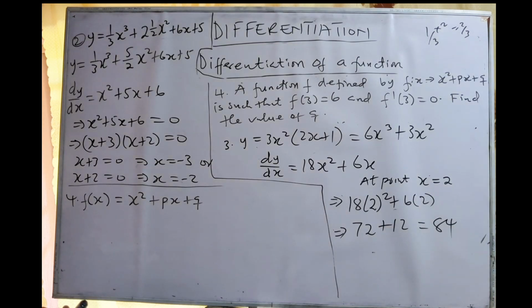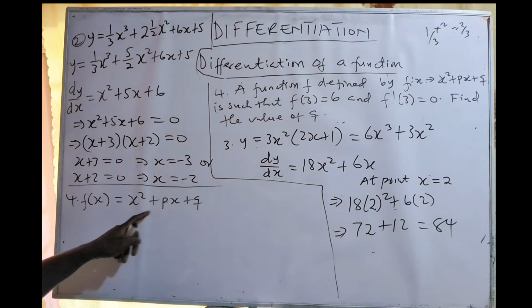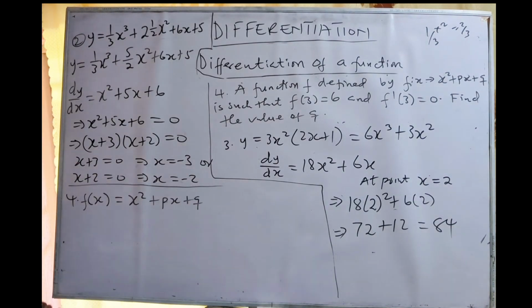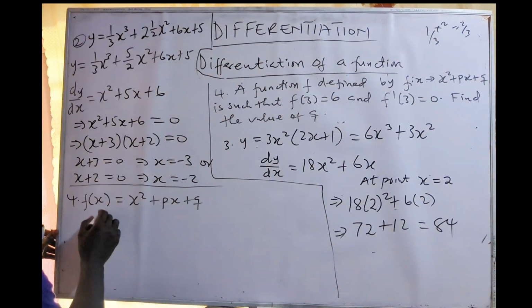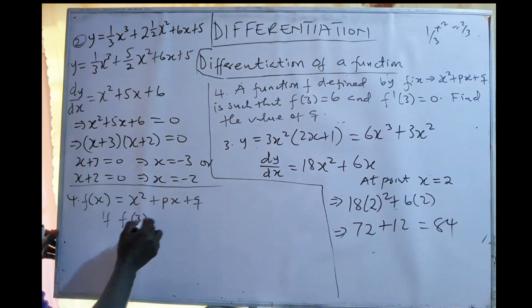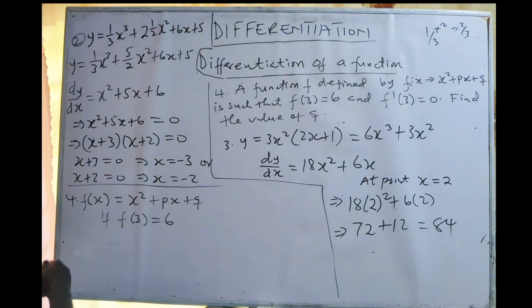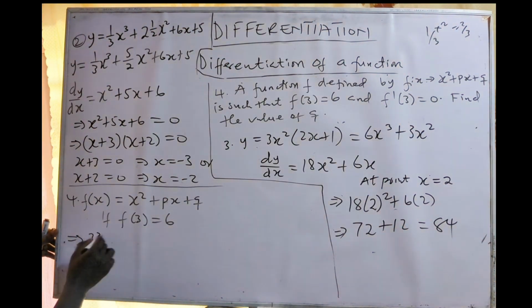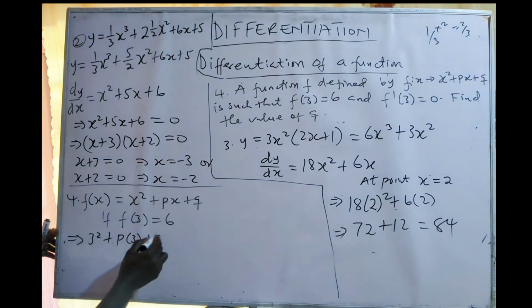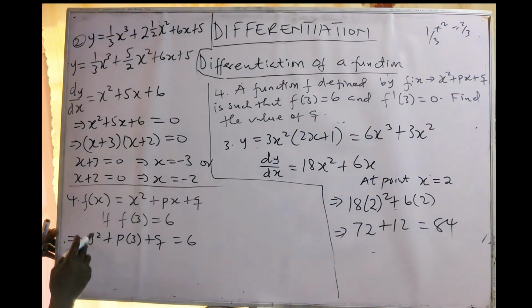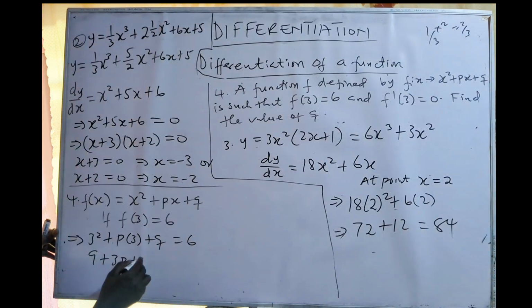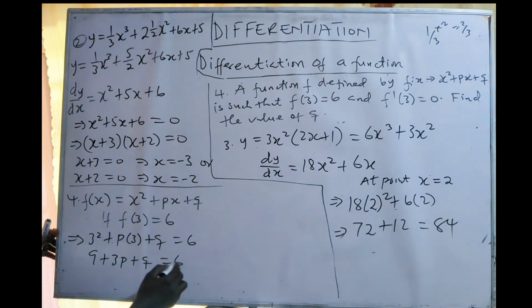So first of all, f of 3 is 6. It means that when I substitute 3 into the function, it will give me 6. So it implies that 3 squared plus p times 3 plus q will give me 6. 3 squared is 9, plus 3p plus q is equal to 6.